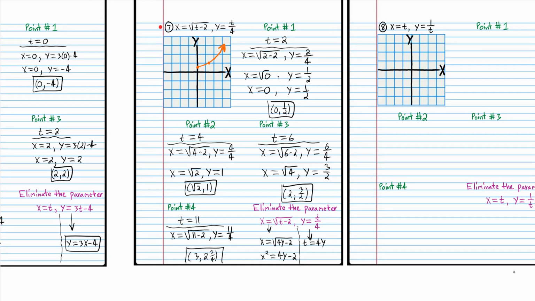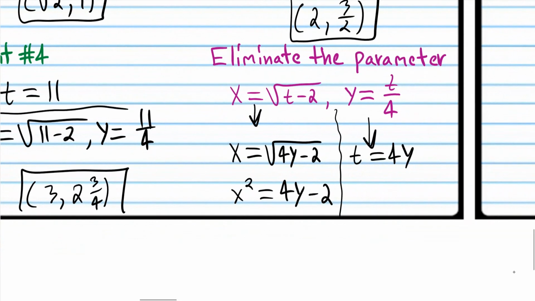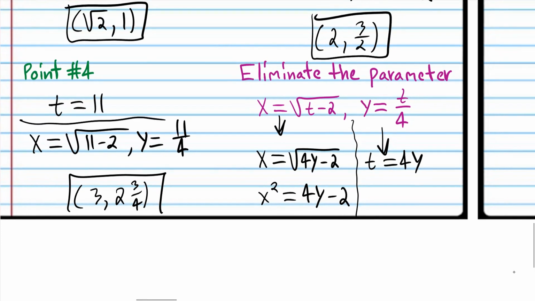So by coming up with parametric equations for x and y, we're also limiting the values that x and y can be. And that's one of the benefits of parametric equations.